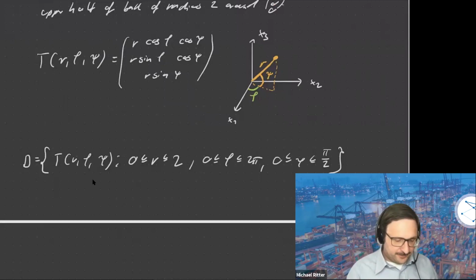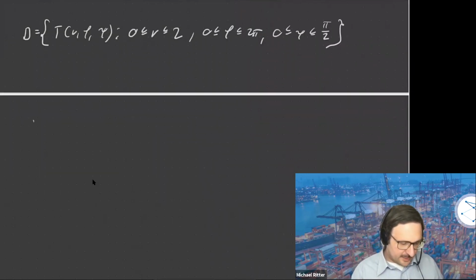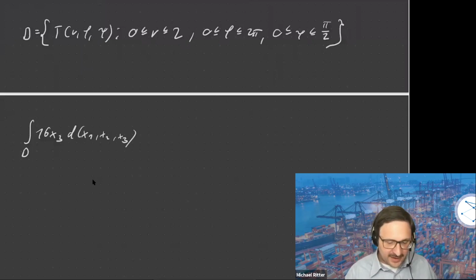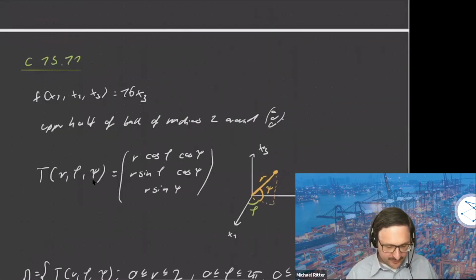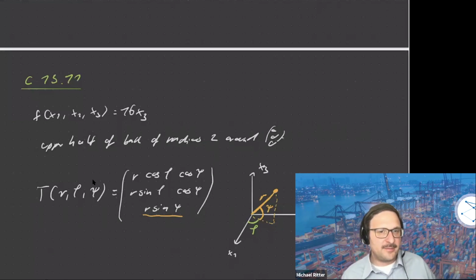All right, let's compute the integral. Now we need to integrate over D. And the function was 16x3. We want to integrate that dx1, dx2, dx3. Remember that with this transformation here, x3 is r times sine of psi.